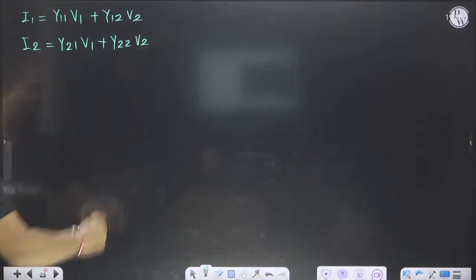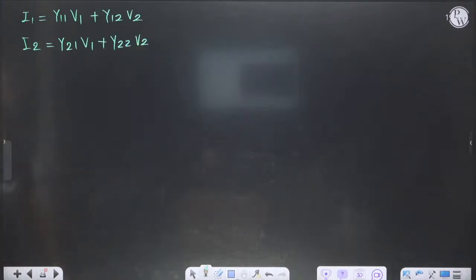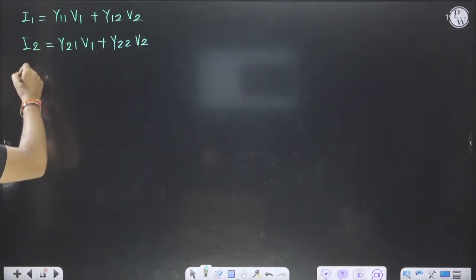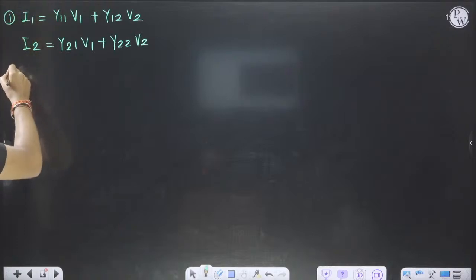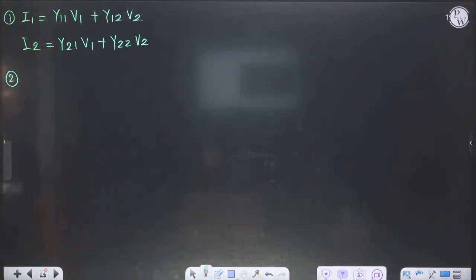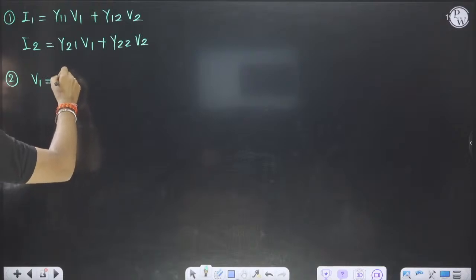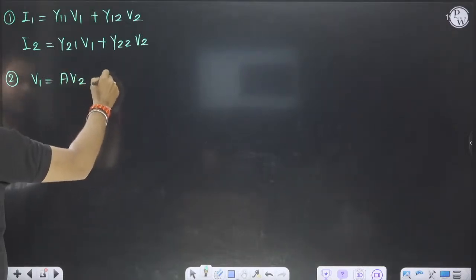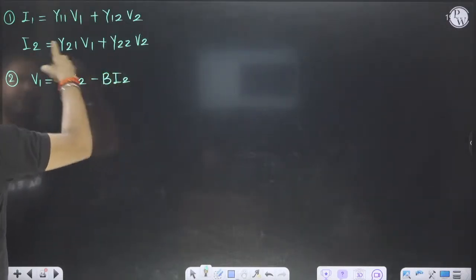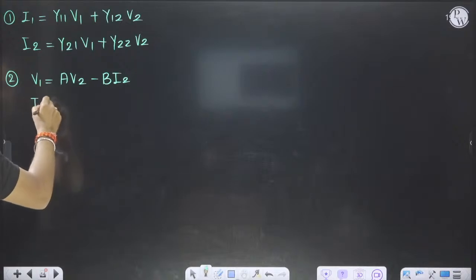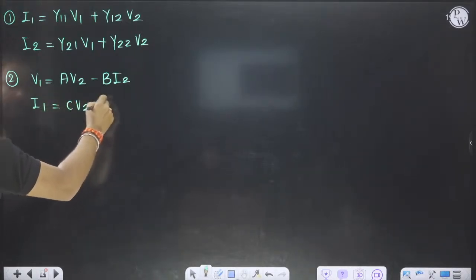Okay. Then the second case is our ABCD parameter. V1 is equal to A V2 minus B I2, because I2 current is inward current in this case, and I1 is equal to C V2 minus D I2.